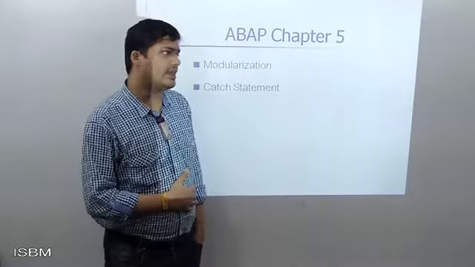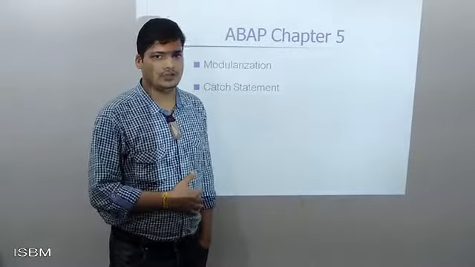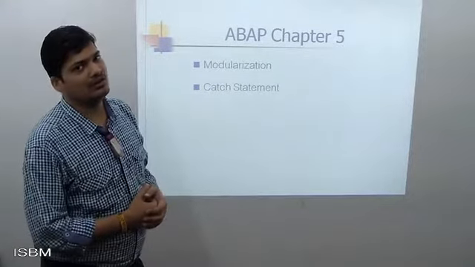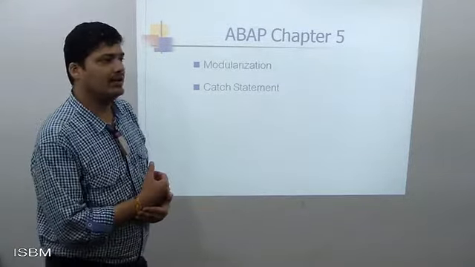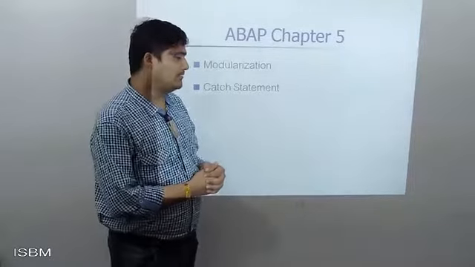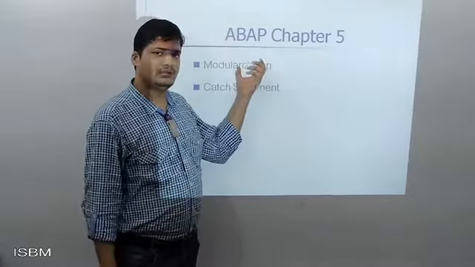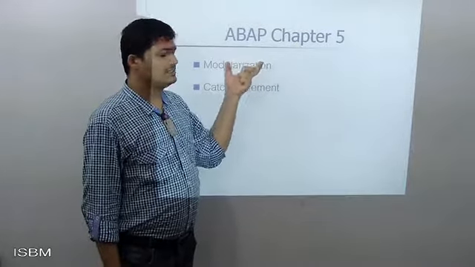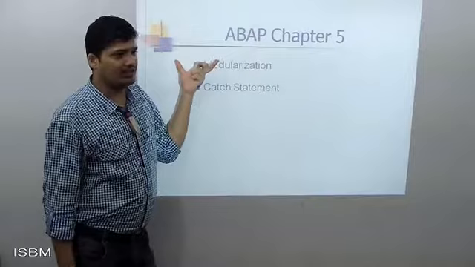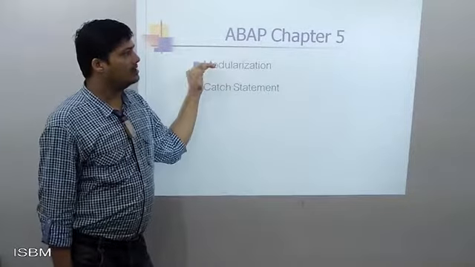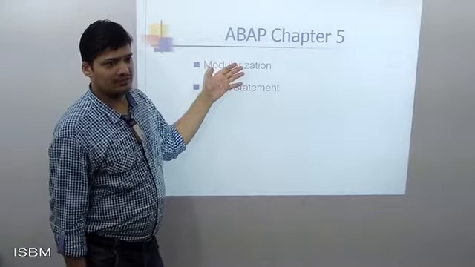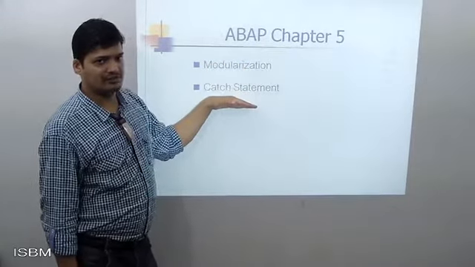Suppose I have a currency of dollar, and I want to convert that dollar into Indian rupees or GBP, Great Britain pound. So what I will do, I will directly put that particular dollar, suppose $100, and there is a function module which converts one currency into another currency. So I will go in the SE37 transaction, I will write down that function module, and I will execute that function module.